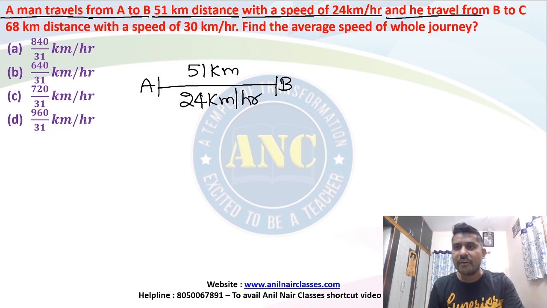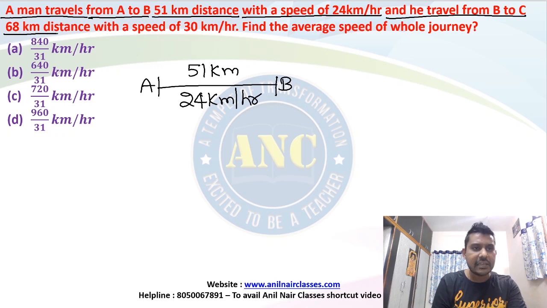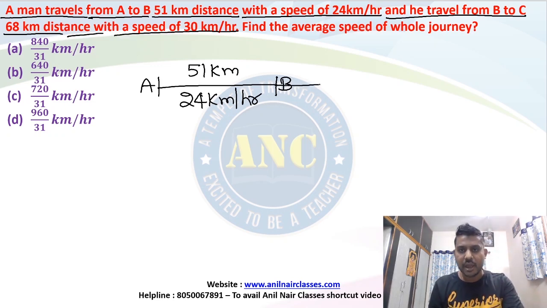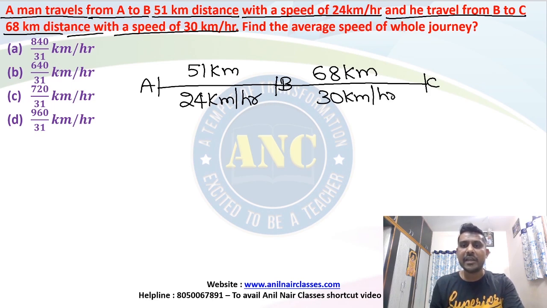And he traveled from B to C 68 kilometer distance with a speed of 30 kilometers per hour. From B he continues to travel to C and the distance is 68 kilometers from B to C and the speed is 30 kilometers per hour. Find the average speed of the whole journey is the question. It's so fast and so simple right now.